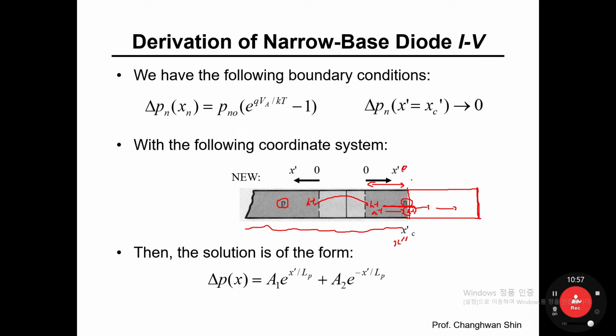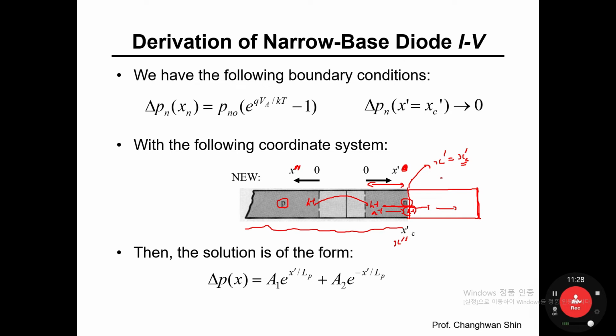I guess this is a typo. You should remove one apostrophe here, and you should use two apostrophes for indicating the x direction on the p side. Anyhow, this is a minor typo. Here x prime is xc prime, indicating the edge of the n side away from the depletion layer.